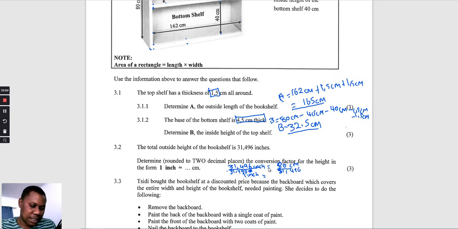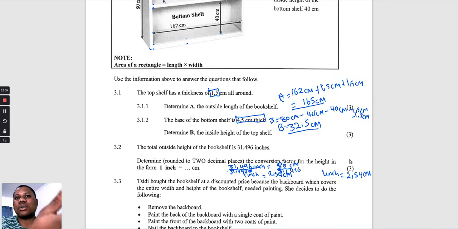That gives us 80 divided by 31.496, which gives us 2.54 centimeters. So our answer is going to be 1 inch is equal to 2.54 centimeters. Okay, that's how we calculate.